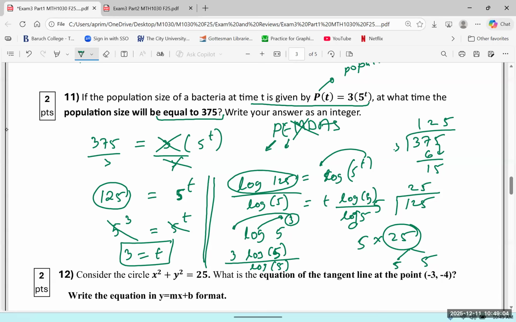And now you can cancel. On log 125 over log 5, you cannot cancel anything because they are completely different things. So you have to rewrite one of them so that you can cancel the other one. So you get t equals 3.